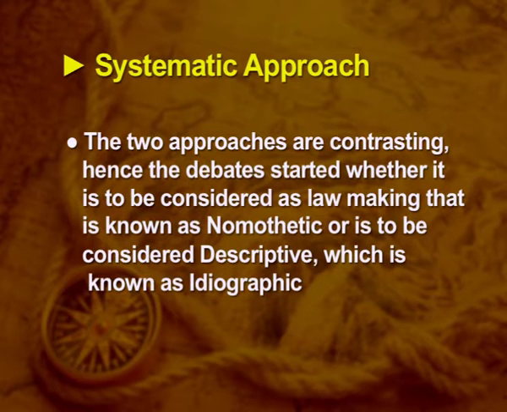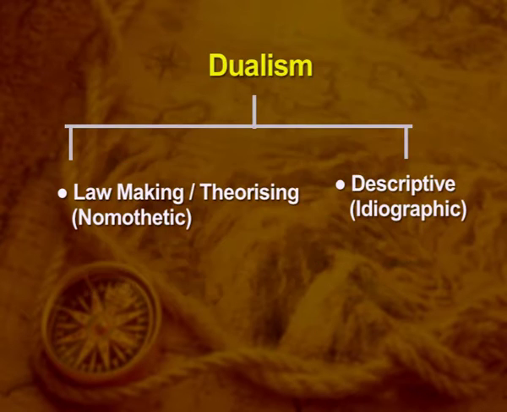The two approaches are contrasting. Hence, the debate started whether it is to be considered lawmaking, known as nomothetic, or descriptive, known as ideographic. Here comes the dichotomy. Dualism talks about lawmaking and descriptive. The dichotomy comes in this area of geography.